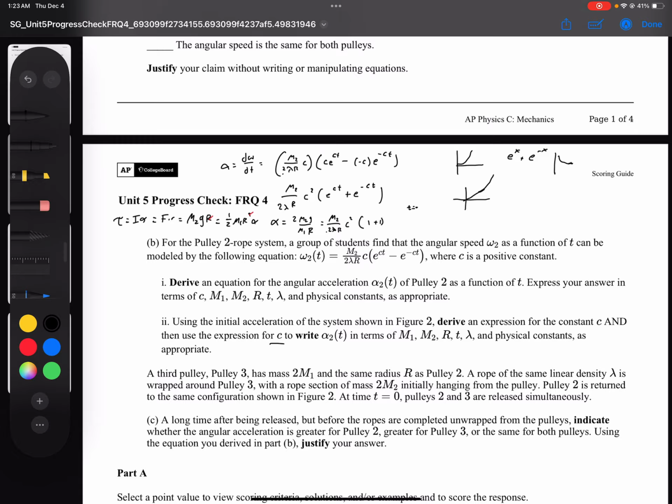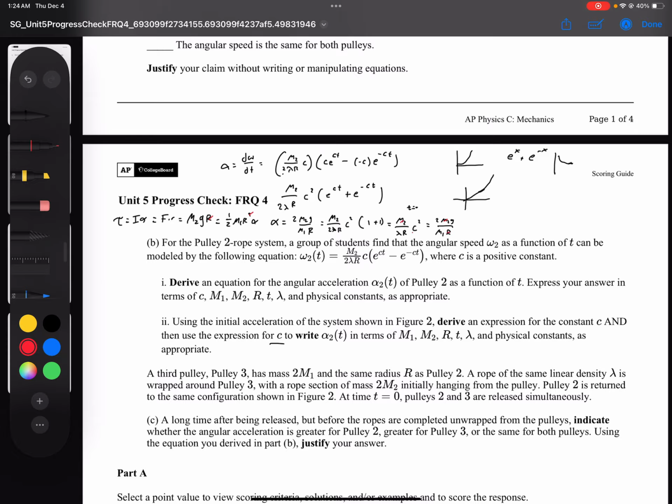And that 2 cancels out with this 2 over here. Okay, so I'm going to write this as m2 over lambda r c squared, which is equal to 2m2g over m1 times r. And then I'm going to start canceling some terms out here. So one of the m2's cancels out.